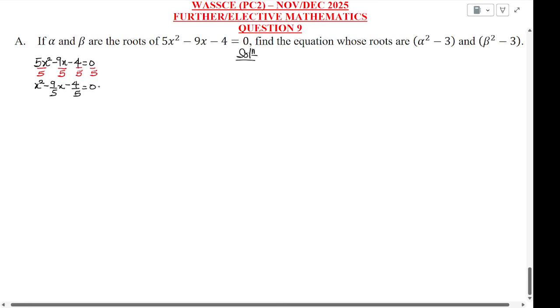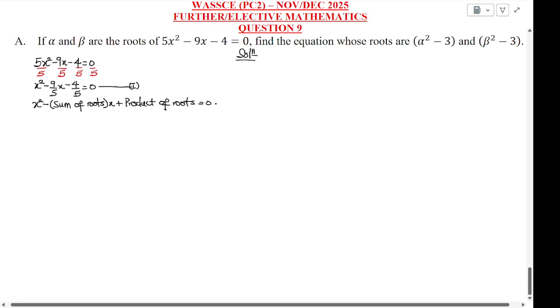Now comparing what we have here to the general equation, which is x squared minus sum of roots x, then plus product of roots equals 0. You know, to form a quadratic equation, you can use this step.